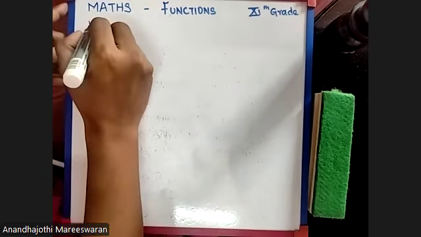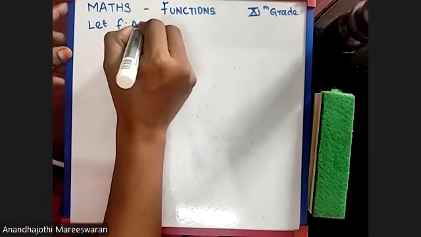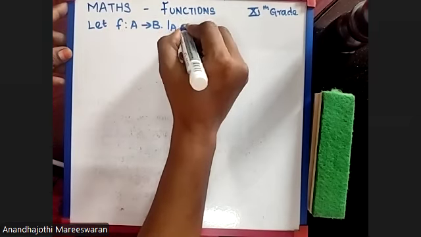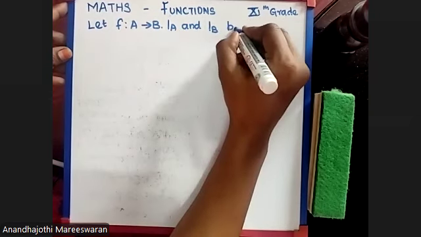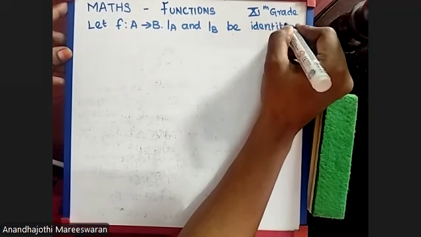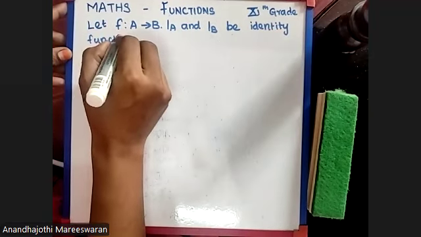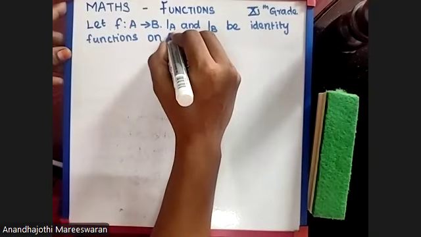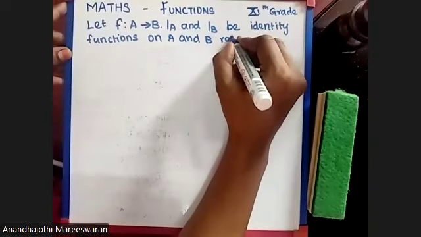So the question is, let F maps A to B, IA and IB be identity functions on A and B respectively.